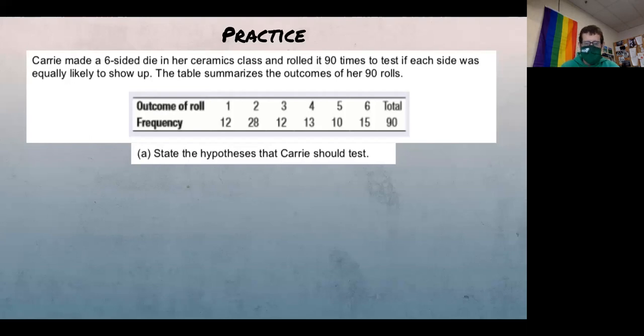As far as a goodness of fit test goes, our hypotheses are always the same, which is the null hypothesis is that the claimed distribution is true.